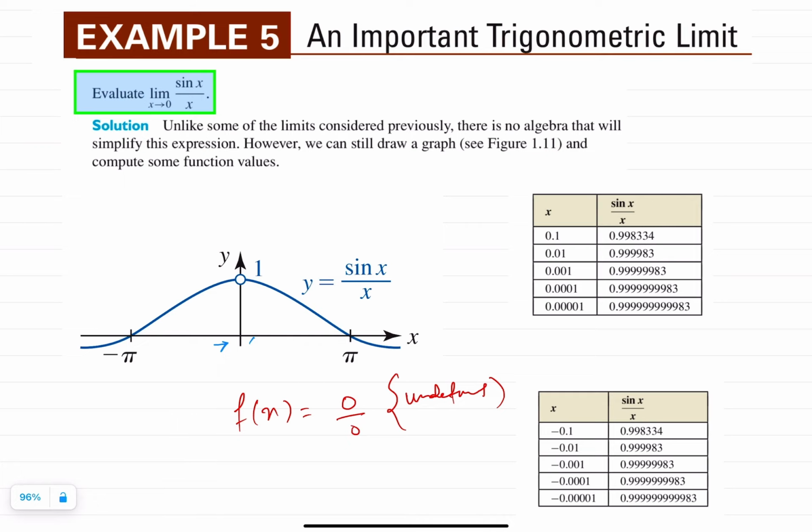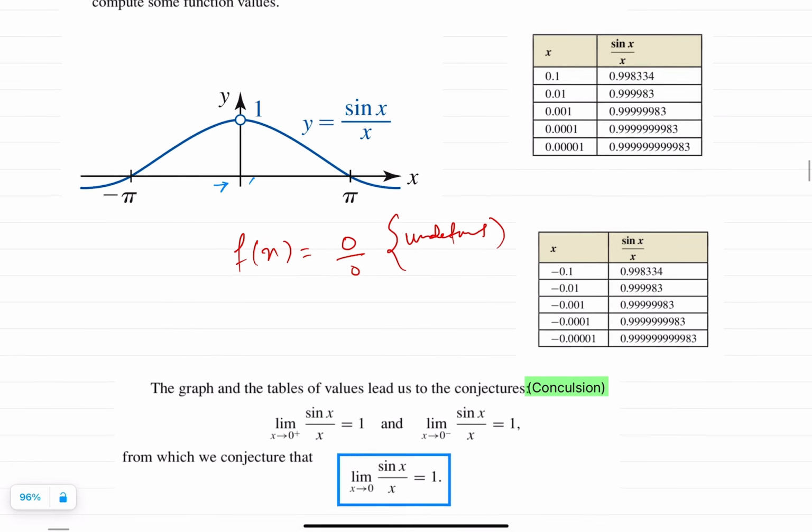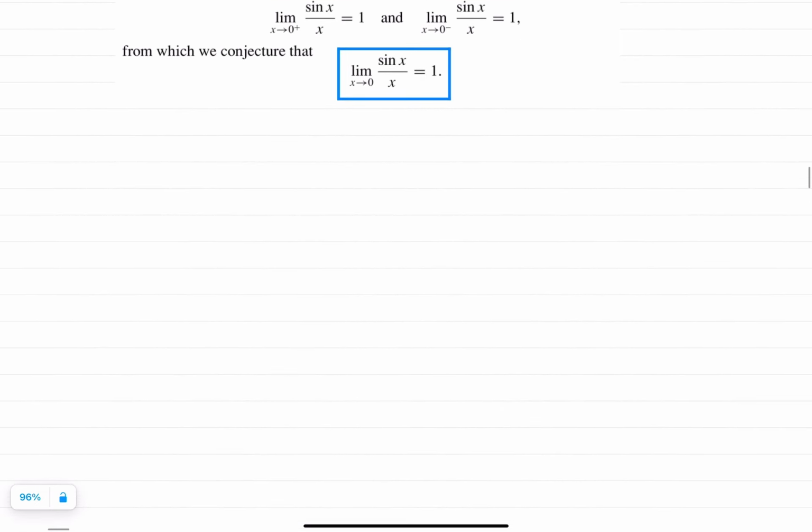I will give an example. In the previous case, let's suppose we have a function f(x) equal to x squared minus 9 divided by x minus 3, and we want to find the limit of this function as x approaches 3.